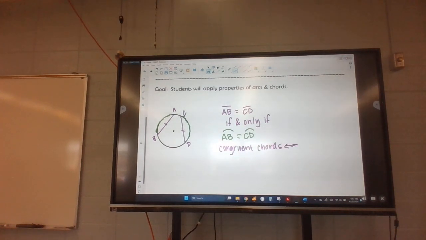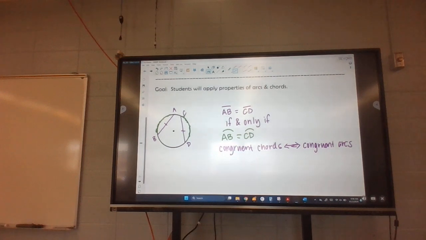I'm going to draw arrows going both ways. So if I have one, I automatically have the other. So if we're talking about 2 congruent chords, we're going to refer to the congruent arcs as well.